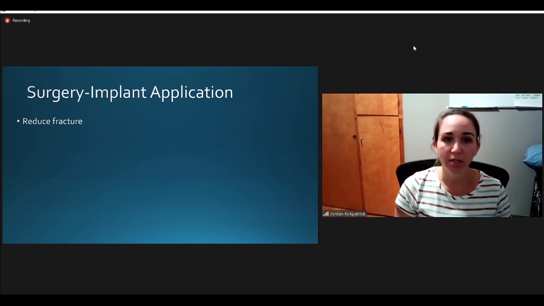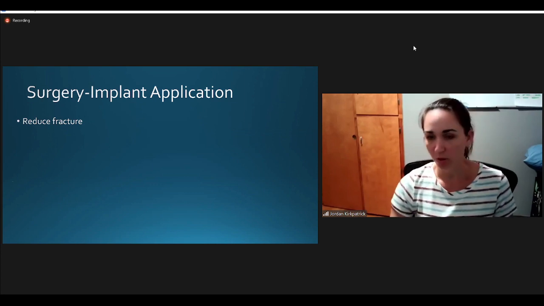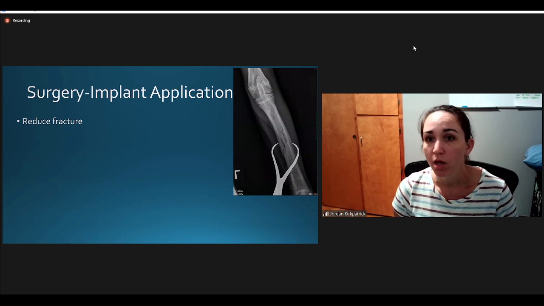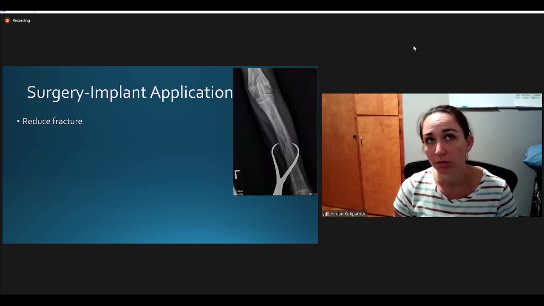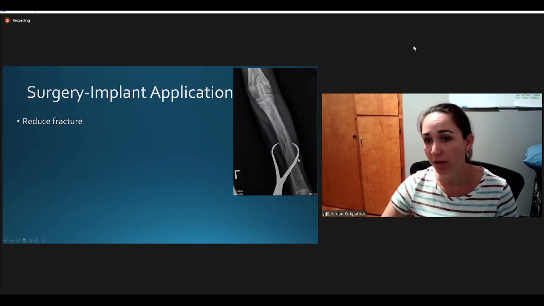So for implant application, I'm going to go over the steps of some basic fracture repair. So step one, after you make the incision, is just to reduce the fracture. This is a radial fracture in a 2.5-month-old cria. So getting the fracture together as best you can. These are called bone reduction forceps.